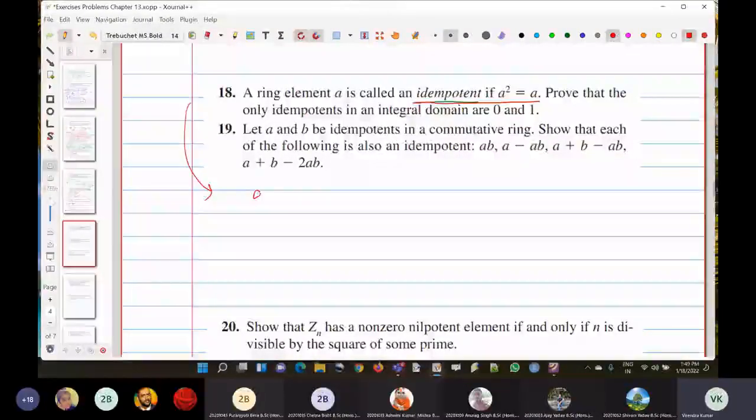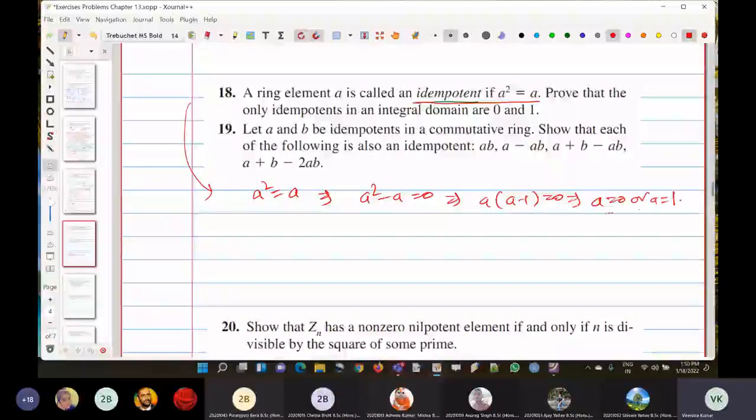So in an integral domain, if a square equals a, we can write a square minus a equals 0, and this implies a times a minus 1 equals 0. Because there is no zero divisor in an integral domain, either a is 0 or a equals 1.